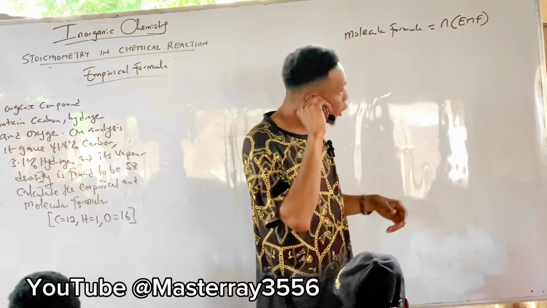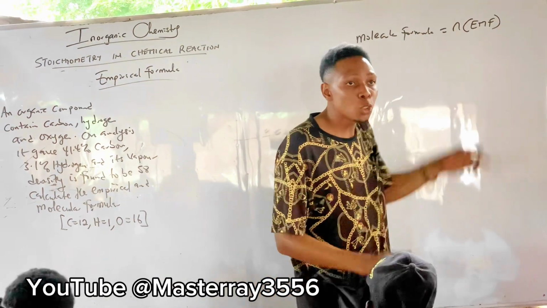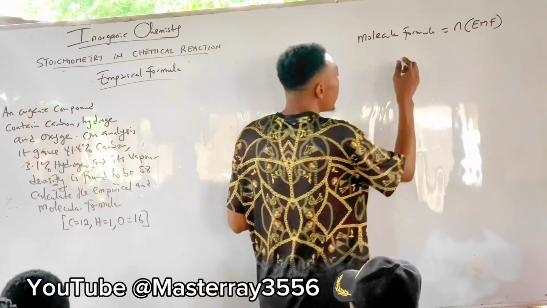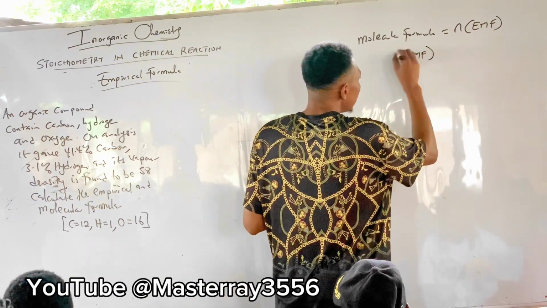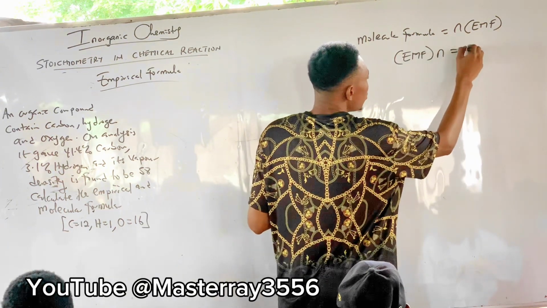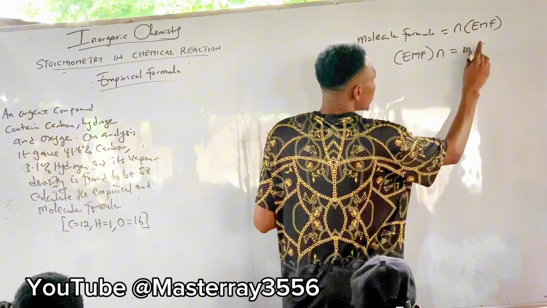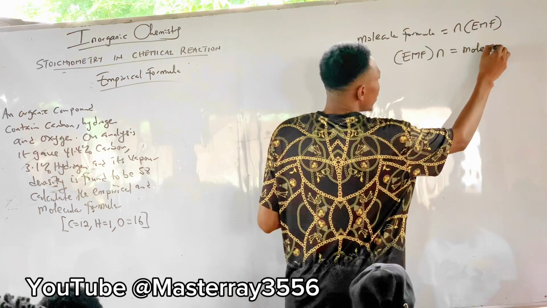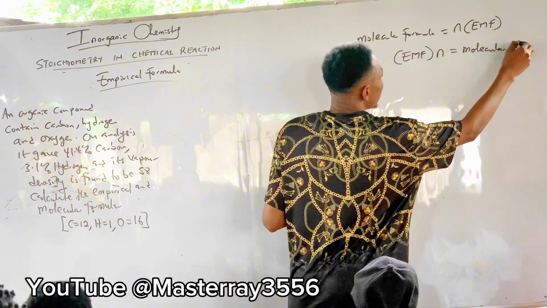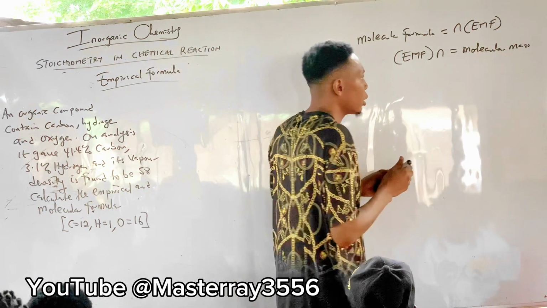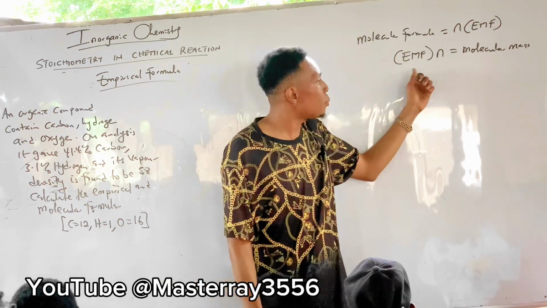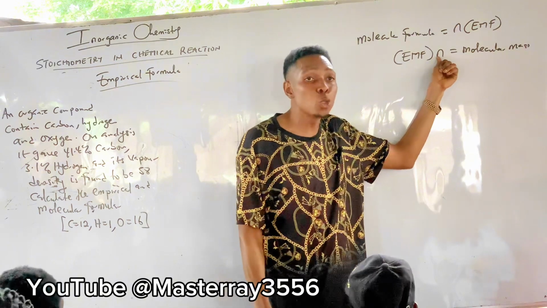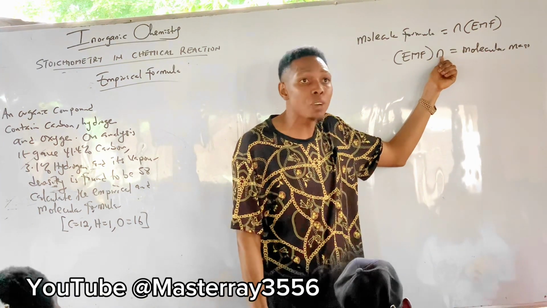For you to get the value of n, you make use of your empirical formula, EMF, times n, equals the relative molecular mass. This is the value you use to get your n. Are you following?